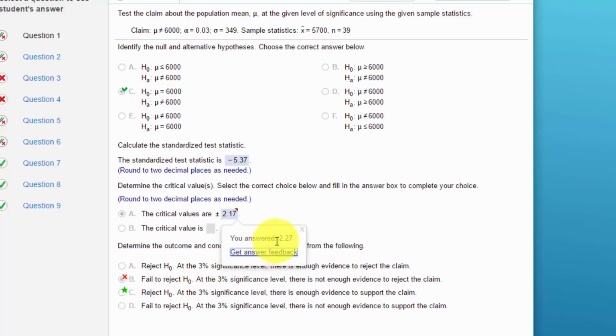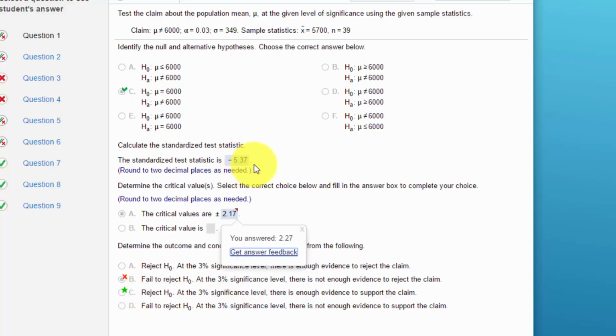But if you're thinking the rejection region is only anything greater than positive 2.27, then this test statistic minus 5.37 does not fall in the rejection region, and therefore you would get the wrong answer.